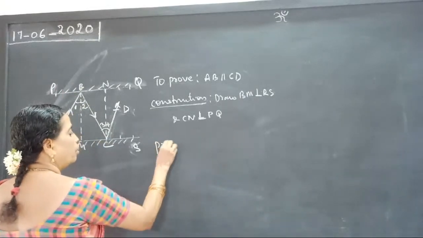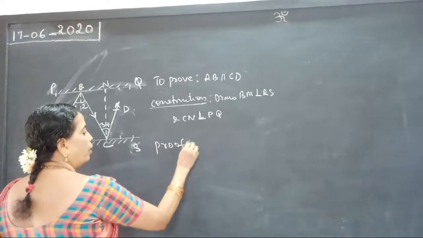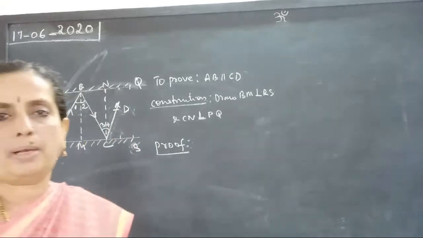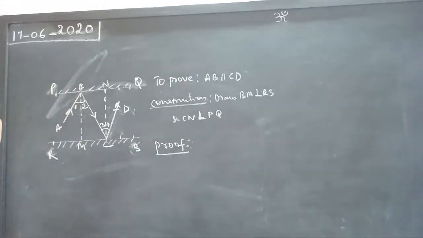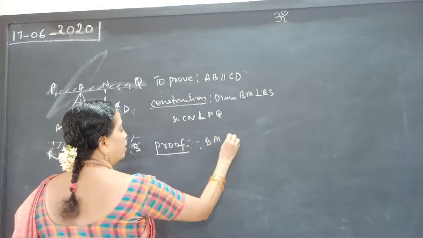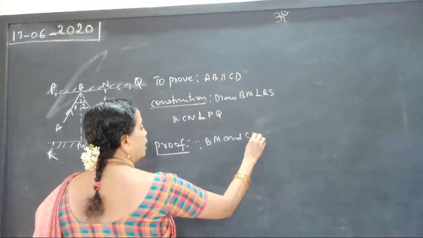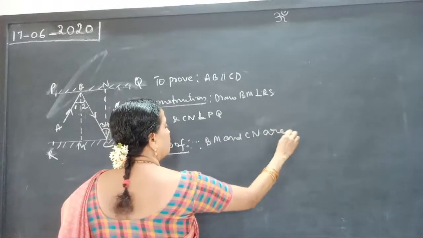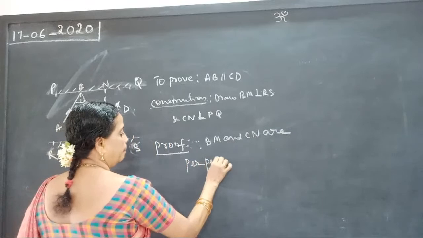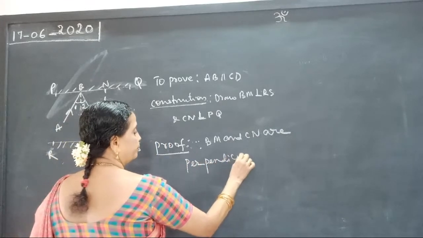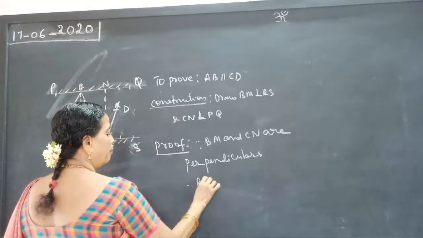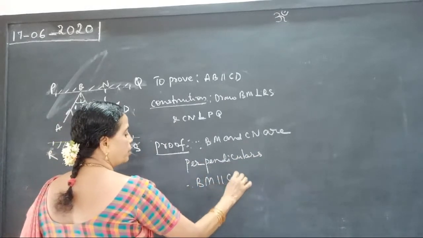Next, proof. Just see the writing and my explanation; listen to the explanation. Proof: since BM and CN are perpendiculars, therefore BM is parallel to CN.